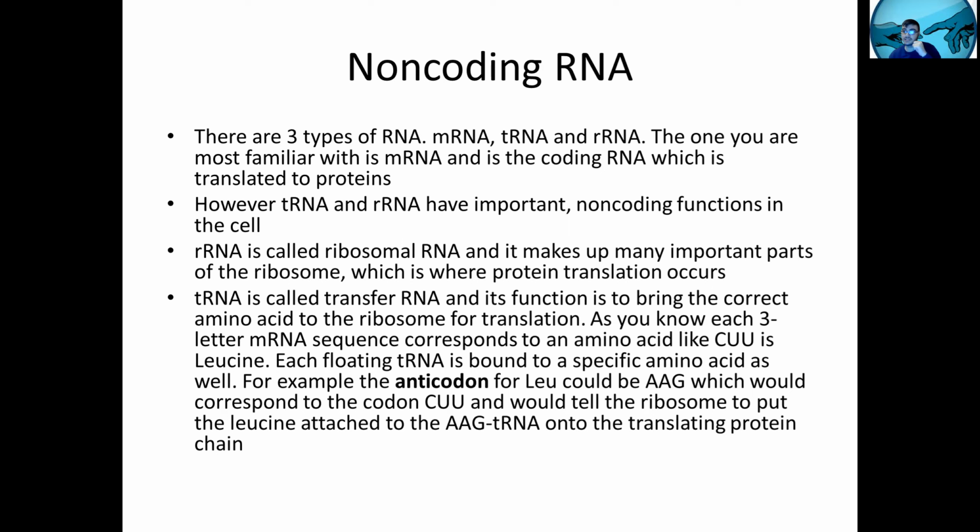So the tRNA is bound to an amino acid, and it brings the amino acid into the ribosome. For example, the anticodon for leucine would be AAG. Remember, codons are always written 5' to 3'. So the anticodon for CUU, 5' to 3', would be AAG.